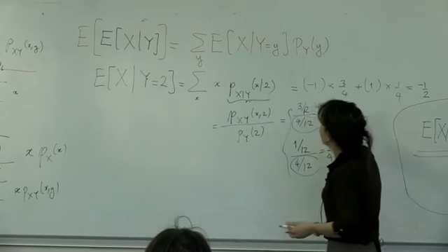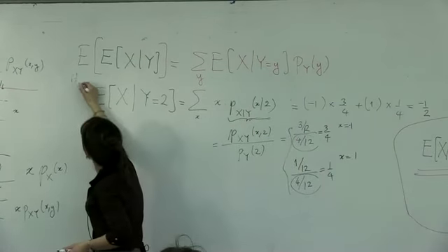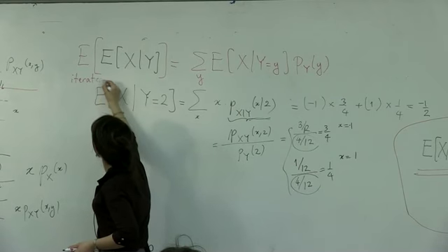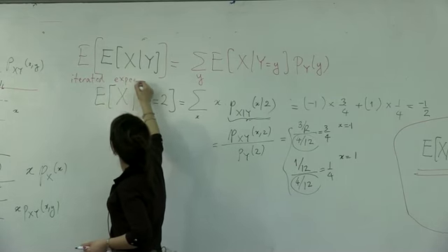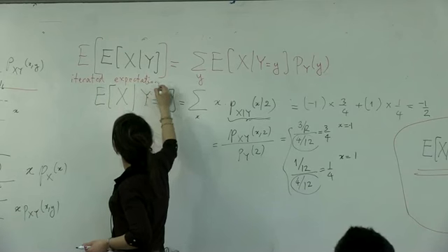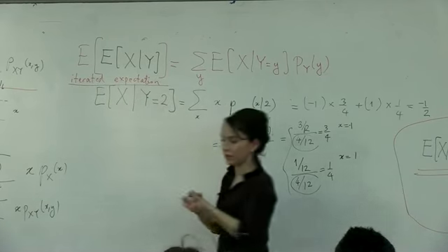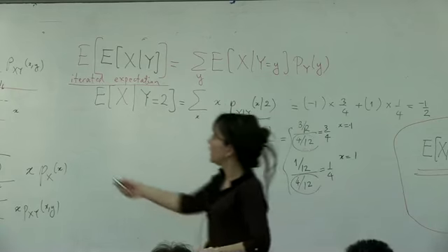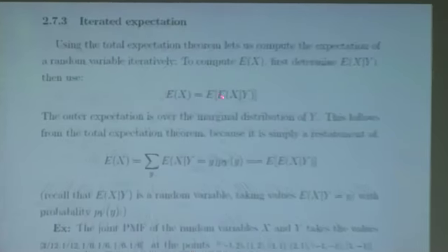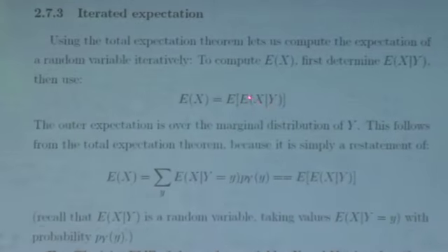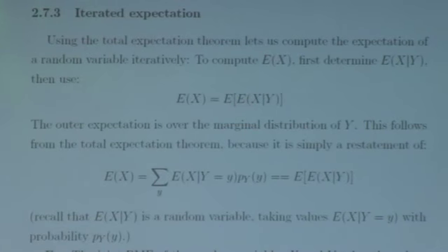We call this iterated expectations. So you can find the expected value of x by first finding the conditional expectation, expected x given y, and then taking the outer expectation over the distribution of y. It's a divide and conquer type idea.